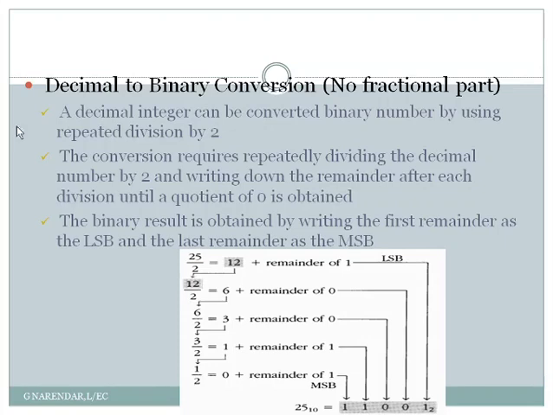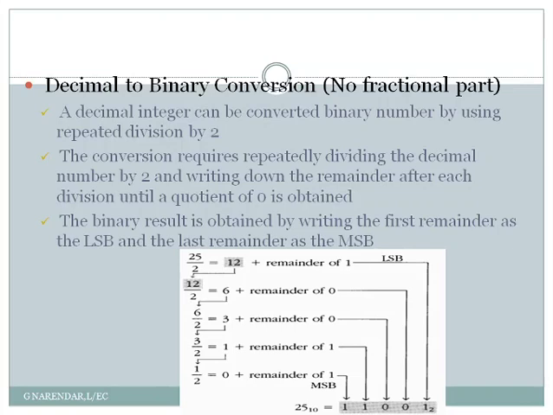The conversion method requires that you repeatedly divide the given decimal number by 2, and whenever you divide, you will get a remainder of either 1 or 0, and that remainder should be written separately, side by side. This division has to continue until you get a quotient of 0.